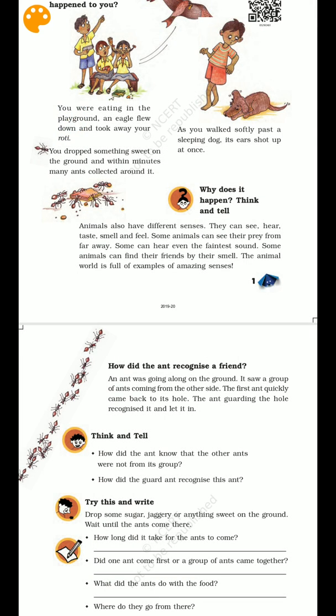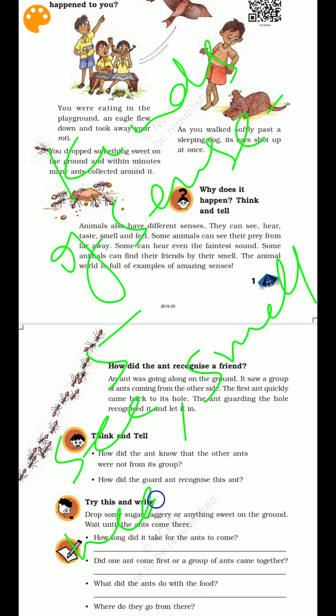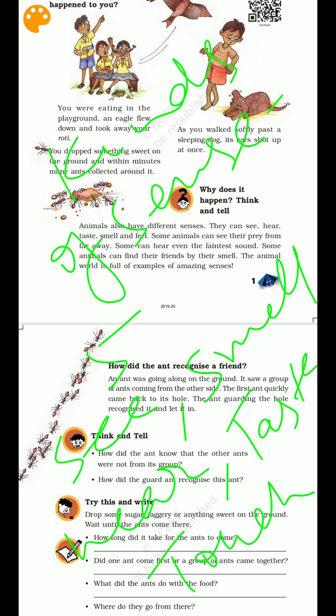So what kinds of senses do human beings have? Basically there are five kinds of senses in the human body. The first one is see, next is smell, hear, taste and touch.